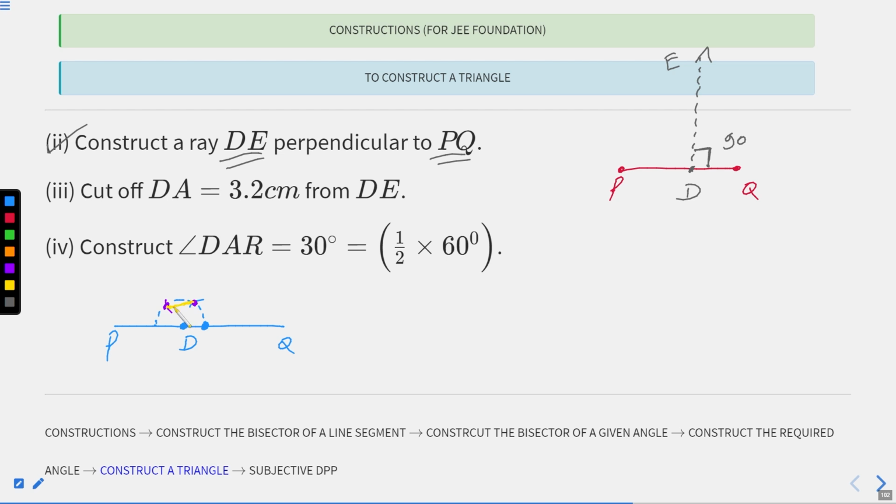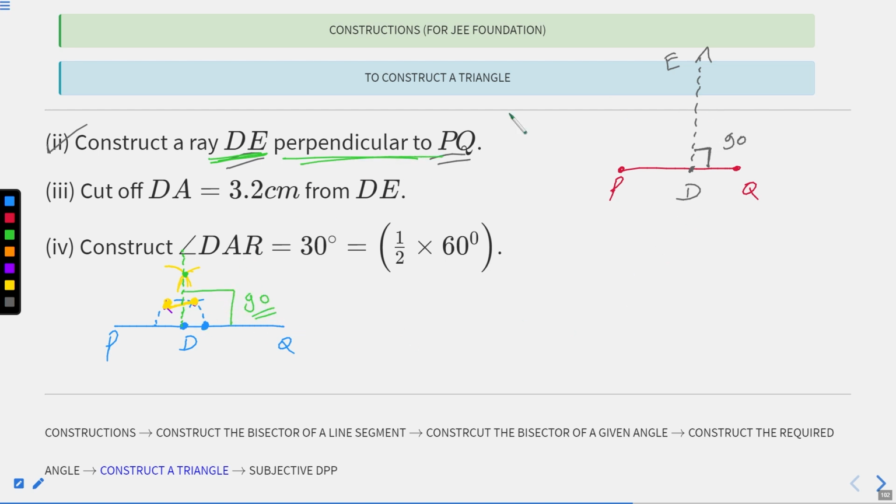Taking the center here, make an arc like this, and now taking the center here, make another arc like this. Joining the intersection point of the two arcs with the point D, we get the construction of a ray which is perpendicular to PQ, and this angle is 90 degrees.